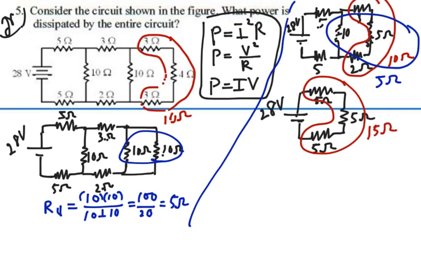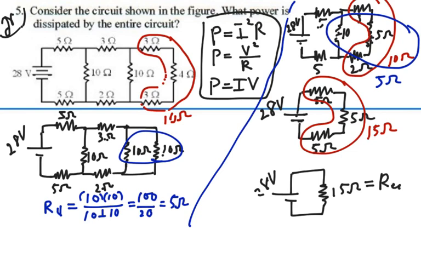So now our final circuit looks like this. 28 volts, 15 ohms, and that 15 ohms is our R equivalent. Nice to know. That's our equivalent resistance of this whole circuit.